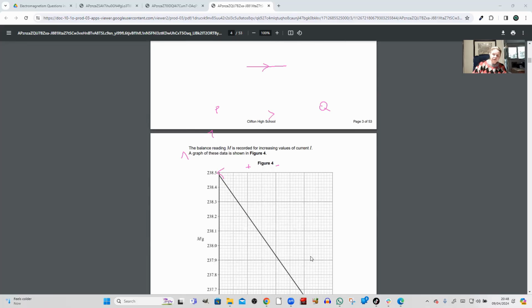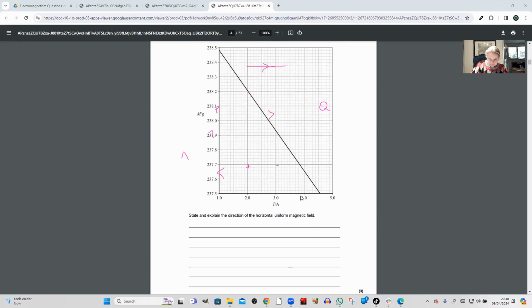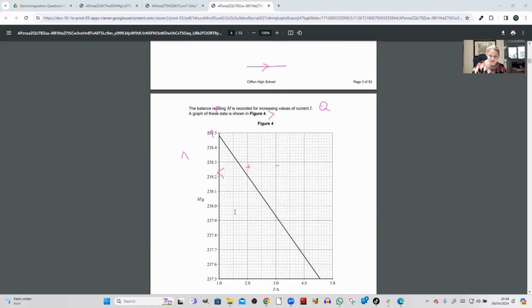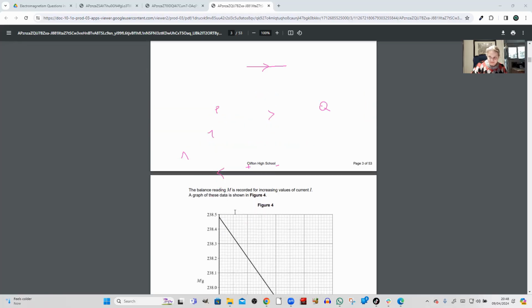If the apparent mass is going down, Dylan, what direction is the force on the wire? The current goes up. The apparent mass goes down. What is the force on the wire?